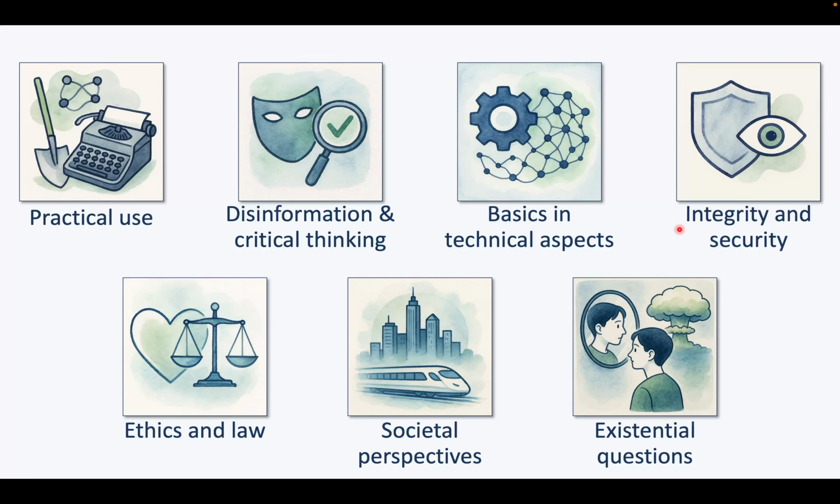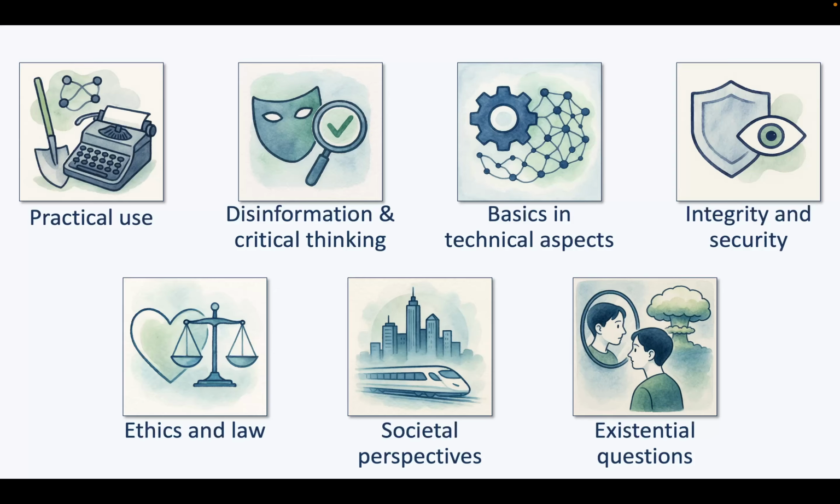We have things like integrity and data security connected to AI. We have the ethical and legal aspects of AI. We have the societal impact of AI. And then we have the big questions about what it means to be human and the existential risks, large-scale risks from AI.